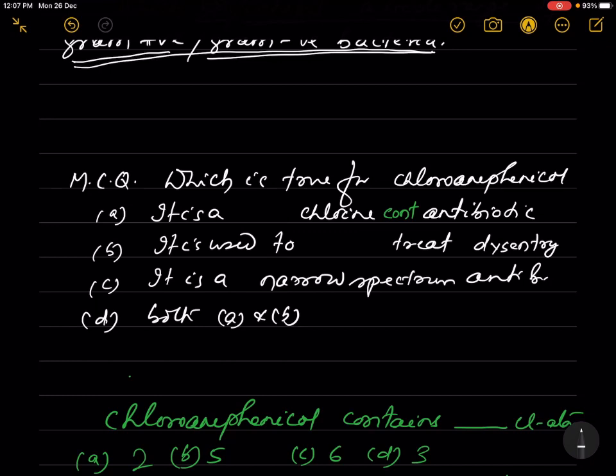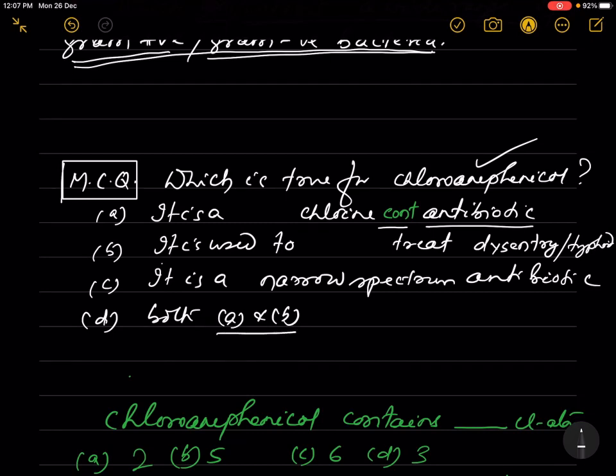This is one MCQ. Which is true for chloramphenicol? A, it is a chlorine containing antibiotic. B, it is used to treat dysentery or typhoid. C, it is a narrow spectrum antibiotic. D, both A and B. Obviously it is a chlorine containing antibiotic. It is used to treat dysentery and typhoid.